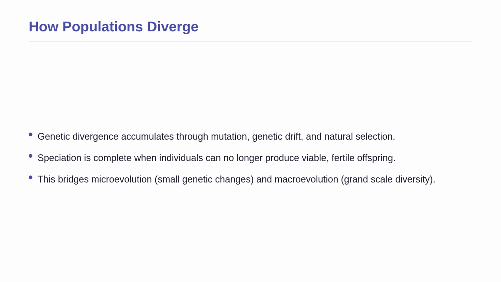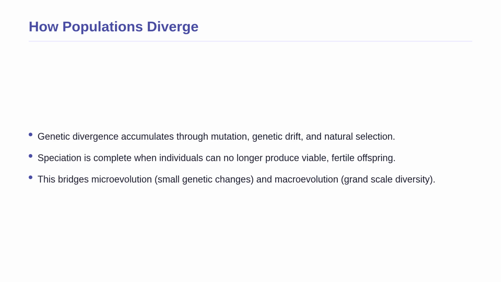Since speciation requires interrupting gene flow, let us explore how populations actually diverge once they are separated. Without the sharing of genes, genetic divergence begins to accumulate through three main drivers: mutation, genetic drift, and natural selection. Each isolated group adapts to its own unique environment.